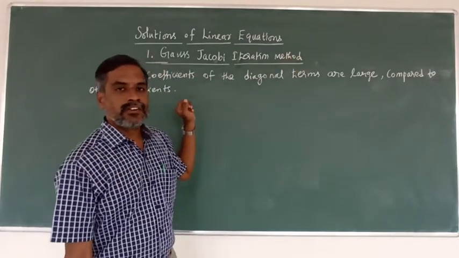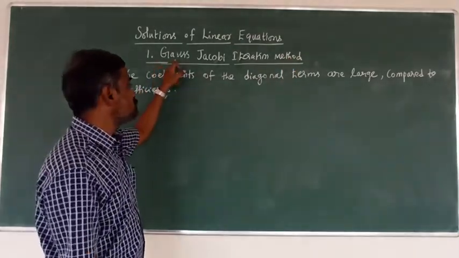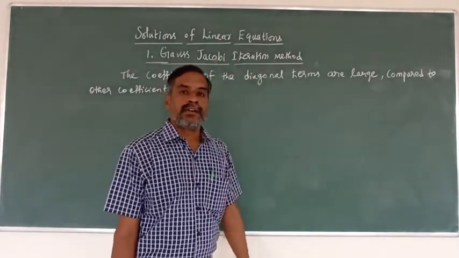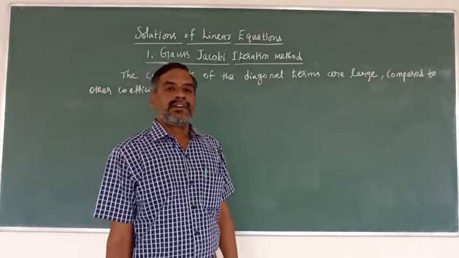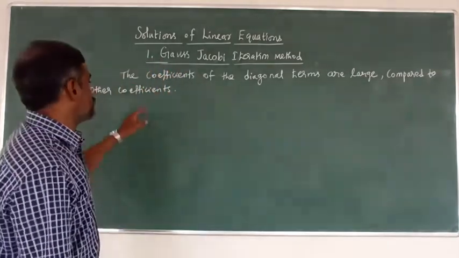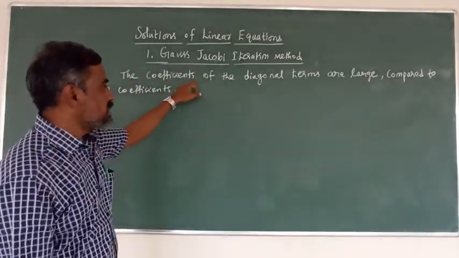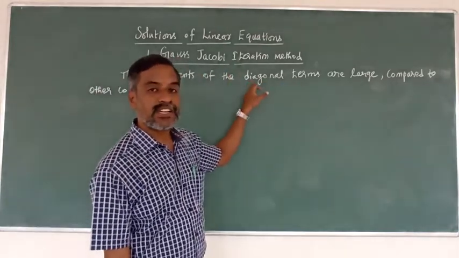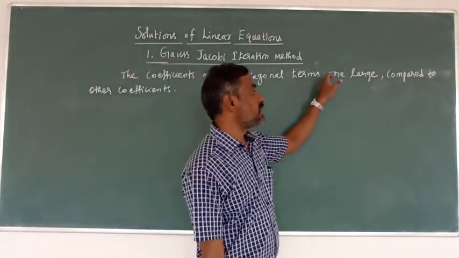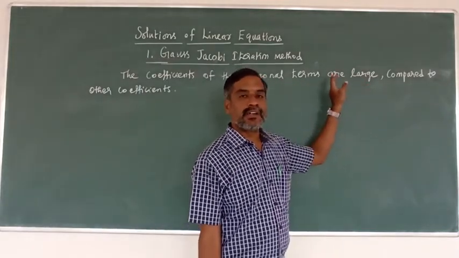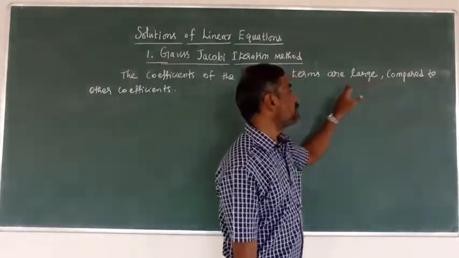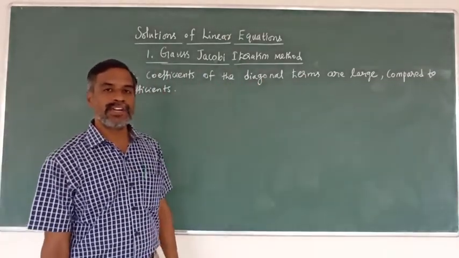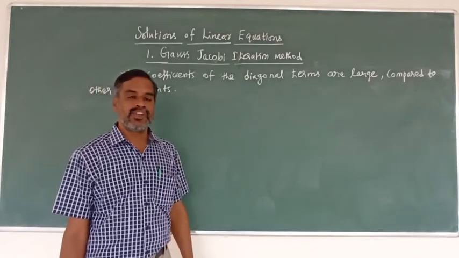First, we will discuss the Gauss-Jacobi iteration method. In this method, we have to see that the coefficients of the diagonal terms are large compared to the other coefficients.